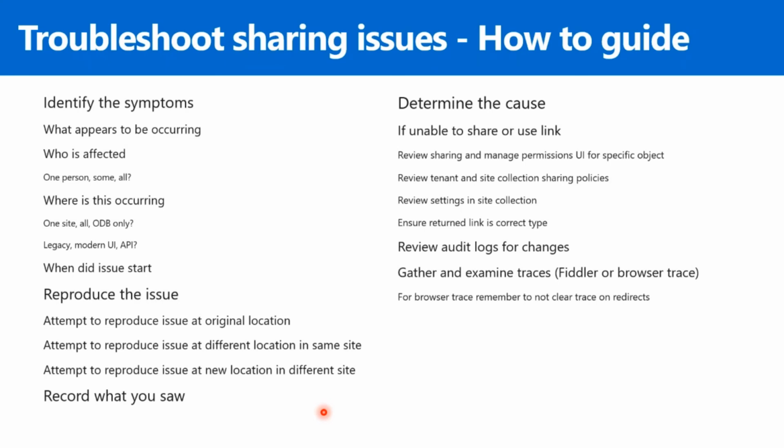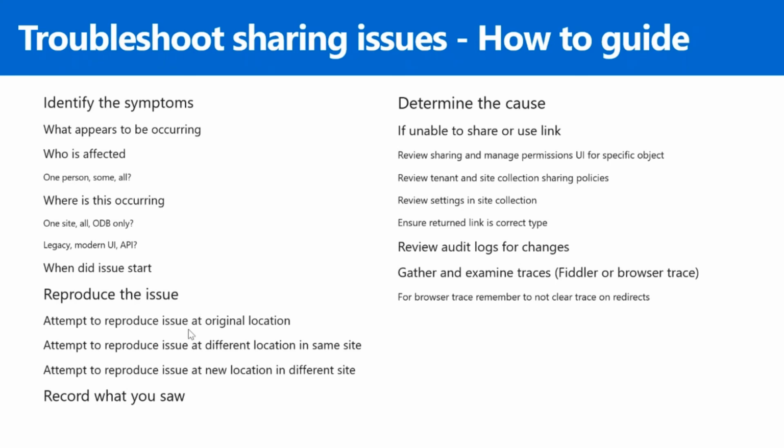Then we try to figure out the cause of the issue. Now that we have worked with the symptoms, we want to see what the cause of the issue is. How do we figure out the cause? We try to see if it's something with the sharing dialog, or something we can figure out from managed permissions.